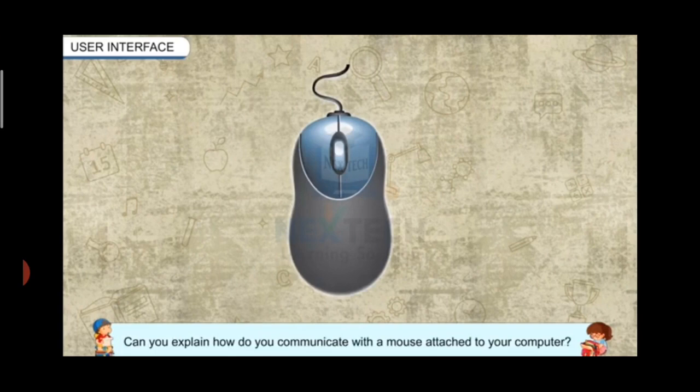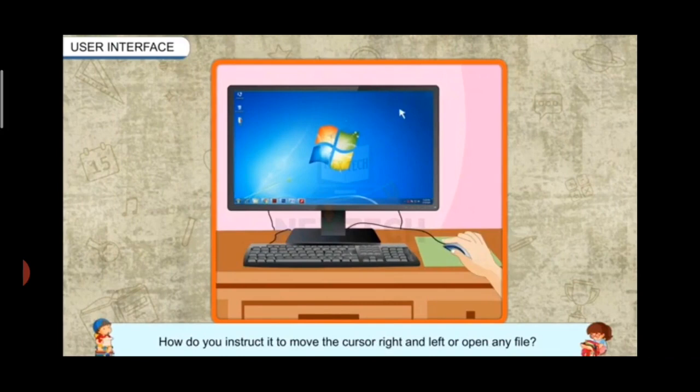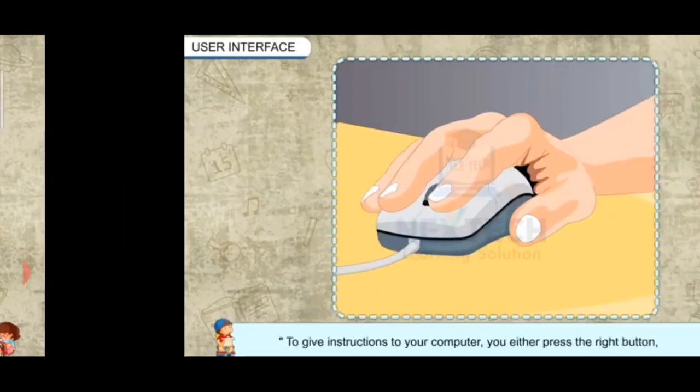The mouse is a hardware device, so how is it connected to the computer so that we can give input to the computer? How do you instruct it to move the cursor right and left and open a file? It is a hardware device, and it is only connected through the wire.